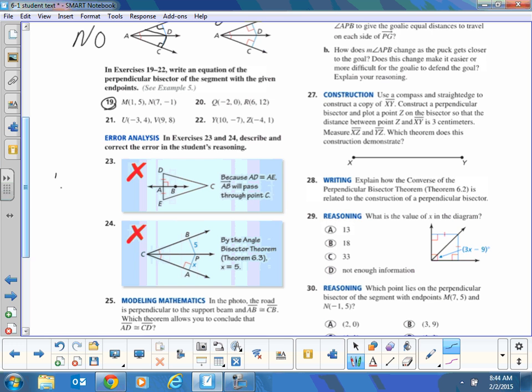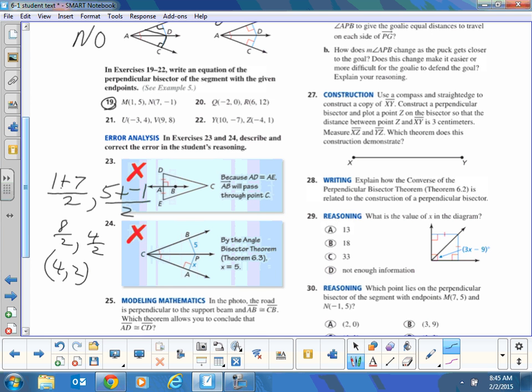So I'm going to add 1 plus negative 2 over 2, and then 5 plus negative 1 over 2. So I found the midpoint, 4, 2.